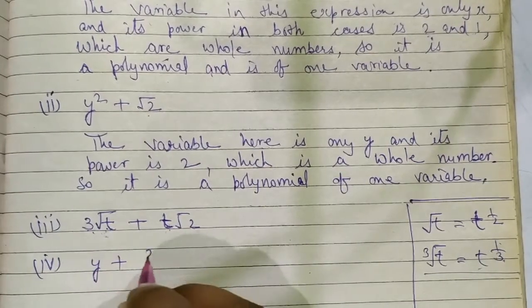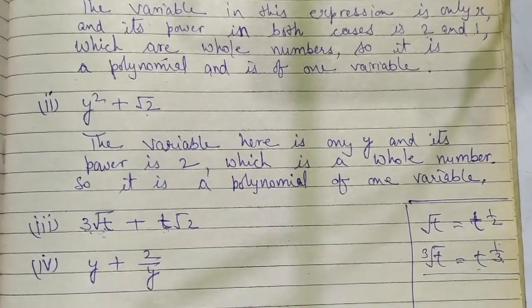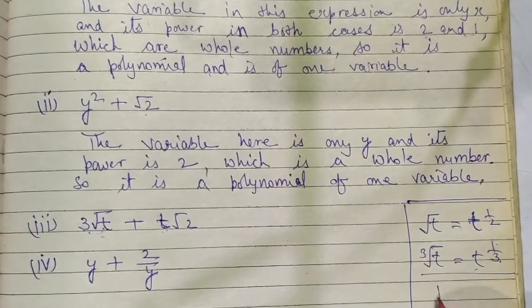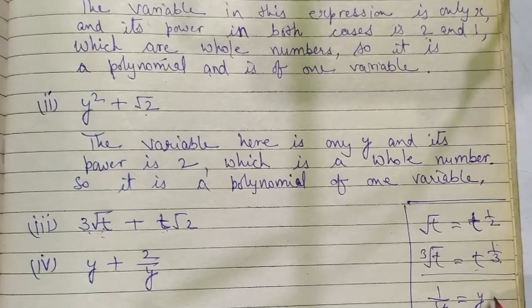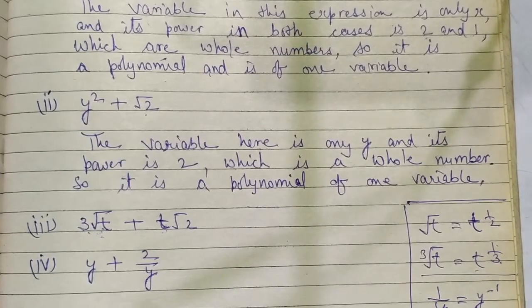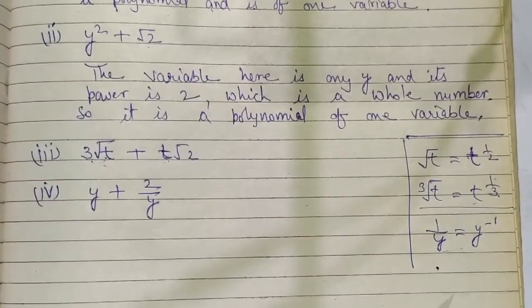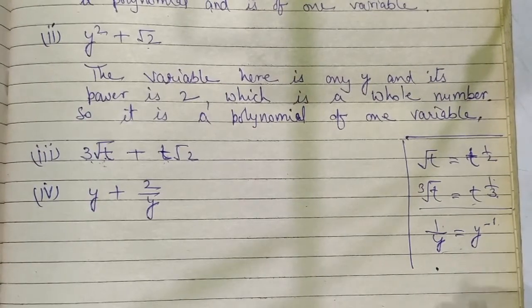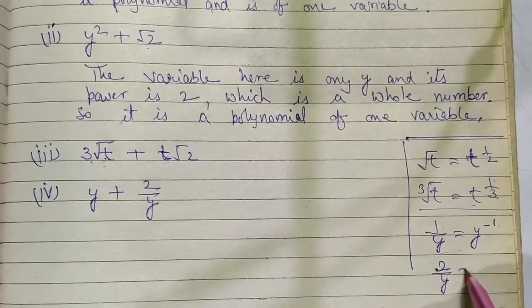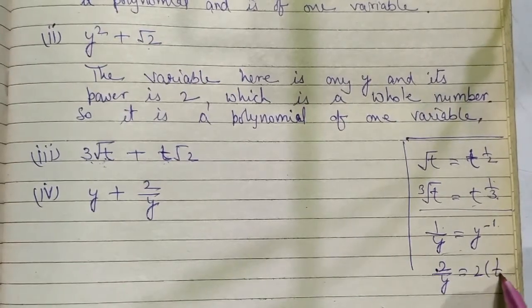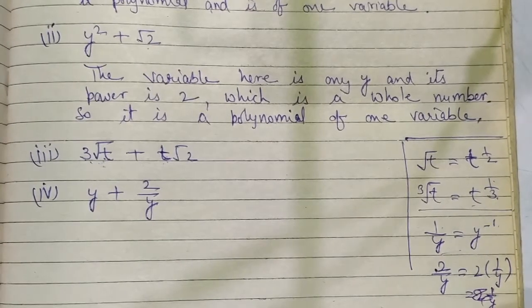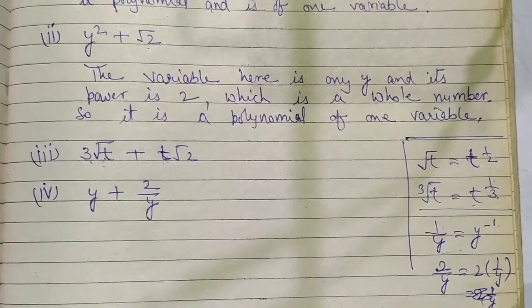Fine. Now let's solve the fourth one. It's y plus 2 upon y. Okay. Now second thing I must tell you that 1 upon y is equal to y to the power minus 1. I hope you are getting this. So 2 upon y is 2y to the power minus 1.